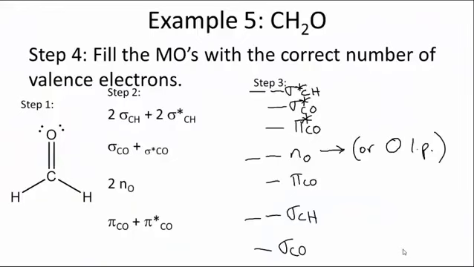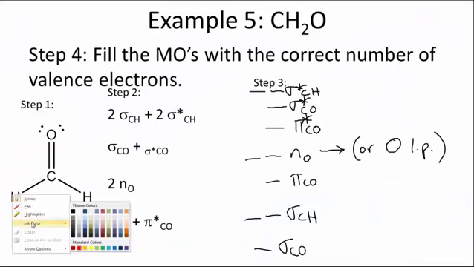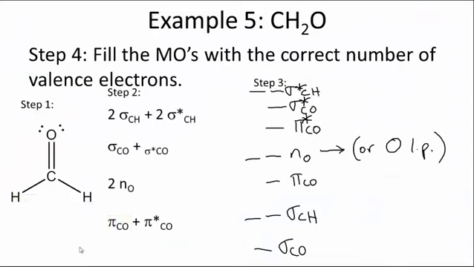Now I'll put my electrons in, and I should have 2, 4, 6, 8, 10, 12 electrons. All right, everything through my lone pairs is filled in. Antibonding are empty. I'm done.